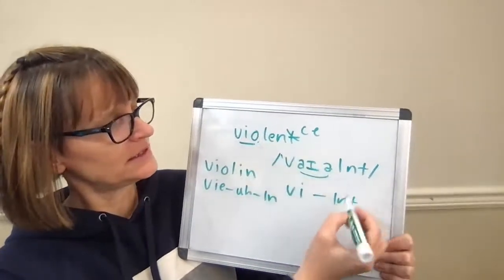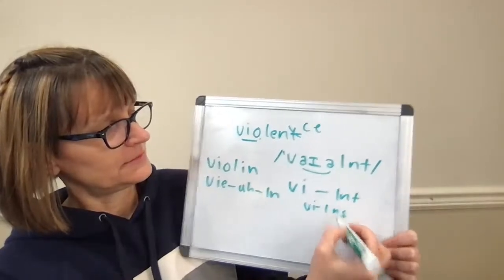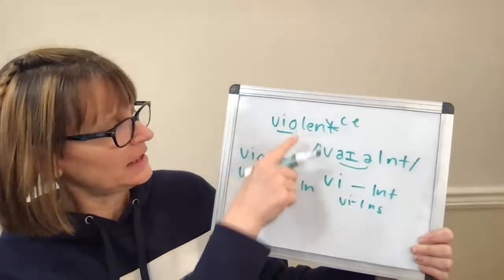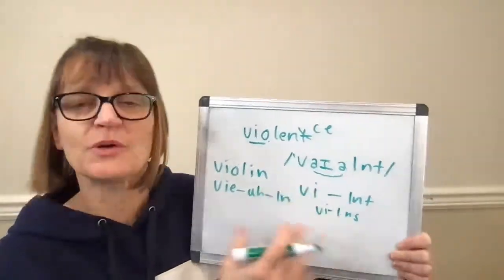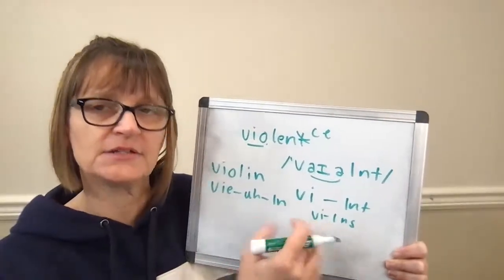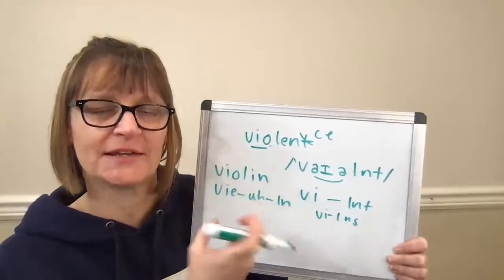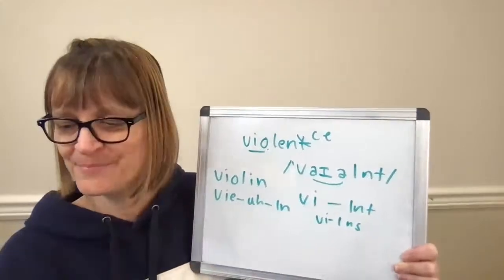It's violence, but we tend to say just violence. The violent violin player showed a lot of violence. It's okay to say violence, violent, but you'll probably notice when you're listening to other people saying it that it really gets reduced. Those first 2 syllables basically become one.